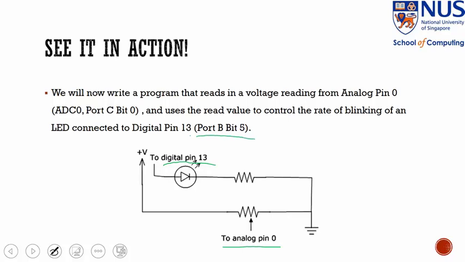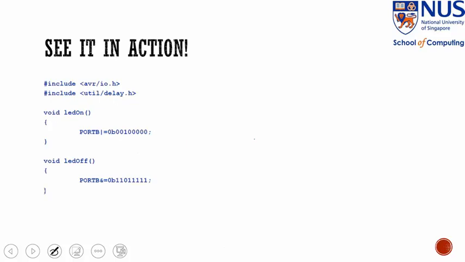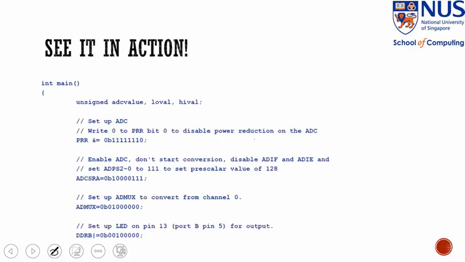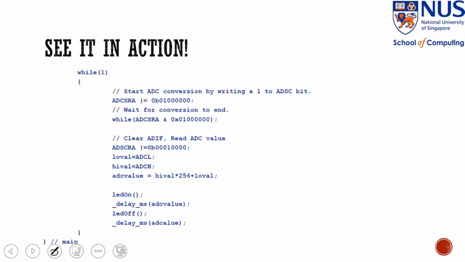So this is the very basic circuit setup we're going to be having, and this is the code. This is your LED on off code, so I will not go through that here. And this is your code for your ADC as well. No need to worry too much about the code that is here. You are given the code in .c files for your studio, so you can use that directly.